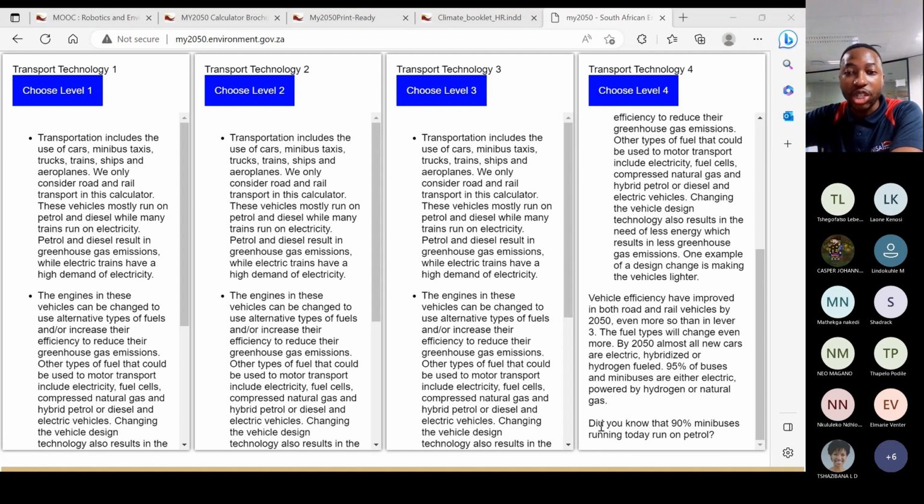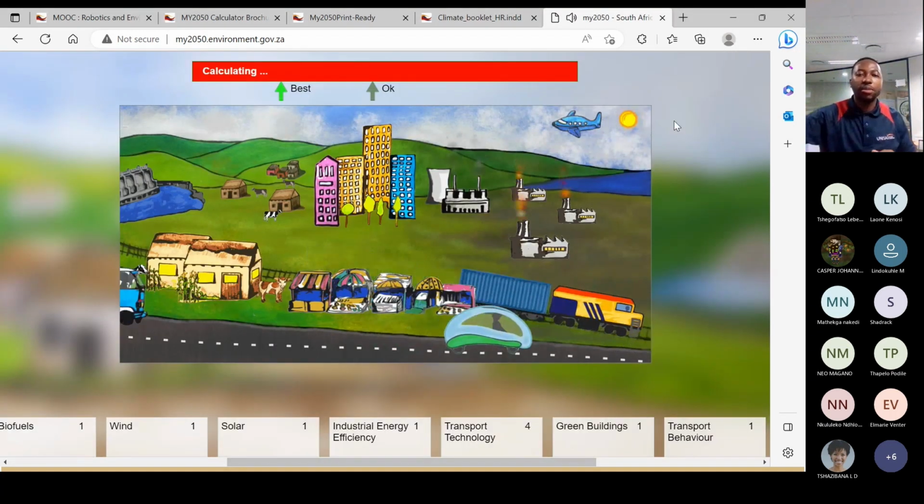Almost all new cars are electric, hybridized, or hydrogen fueled. 95% of buses and minibuses are either electric powered, hydrogen, or natural gases. And then it says that, did you know that 90% of minibuses running today run on petrol? So I want to touch on things such as your lift clubs.